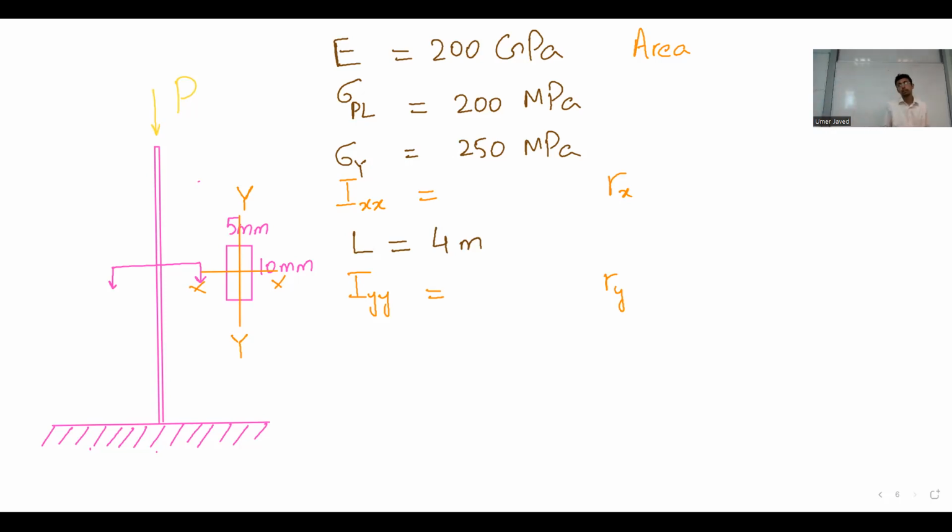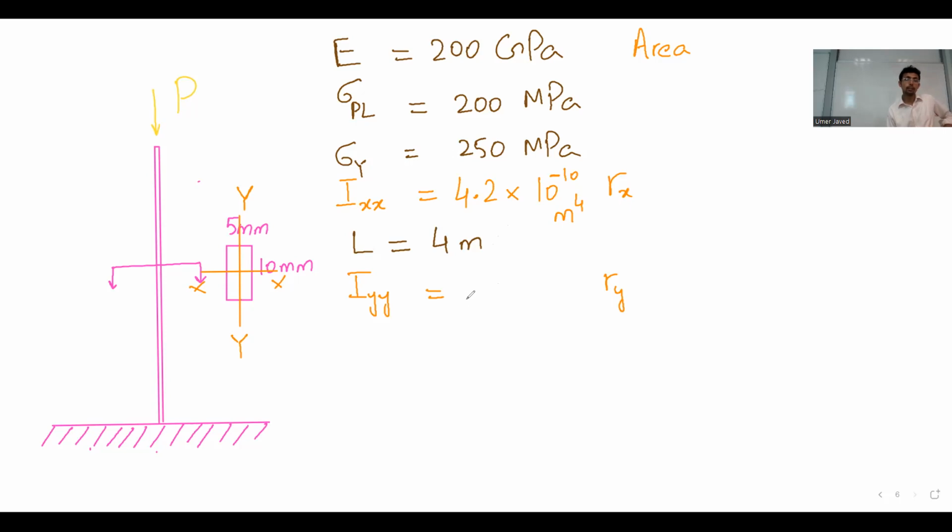For IXX, it will be 4.2 times 10 to the power minus 10. And don't forget, you did 5 multiplied by 10 power 3 divided by 12, right? Okay.